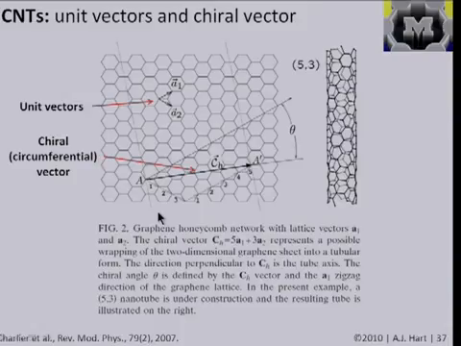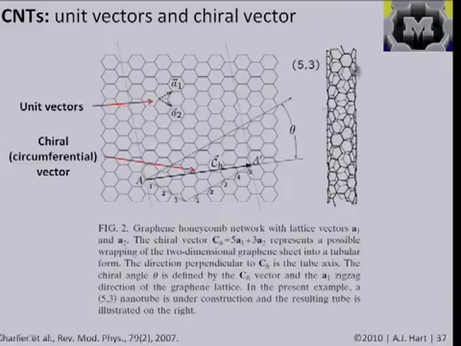So if we look at how nanotubes are named, you'll see, for example, you have a 5,5 nanotube or a 3,5 nanotube, and that represents specifically and exactly how the hexagons are oriented with respect to the axis of the tube. So this 5,3 nanotube is exactly what you get when you take the hexagonal sheet and cut it in this direction, such that the circumferential vector represents 5 steps in the A1 direction, 1, 2, 3, 4, 5, parallel to A1, and 3 steps, 1, 2, 3, parallel to A2.